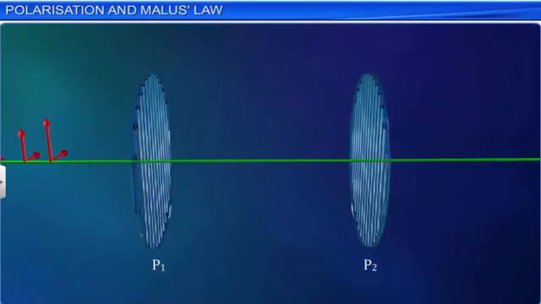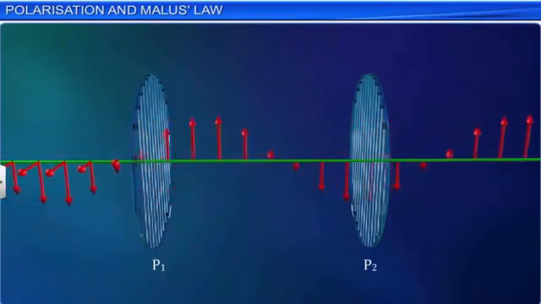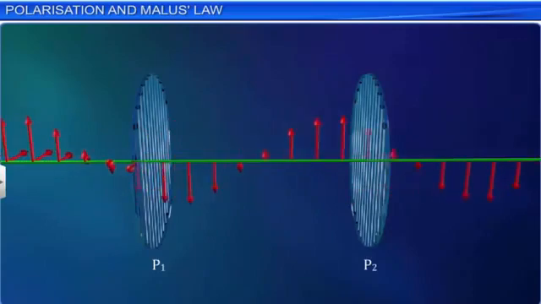If the pass axis of the Polaroid P2 is parallel to the pass axis of the Polaroid P1, then the entire light transmitted by the Polaroid P1 is also transmitted by the Polaroid P2, and hence the intensity is maximum.